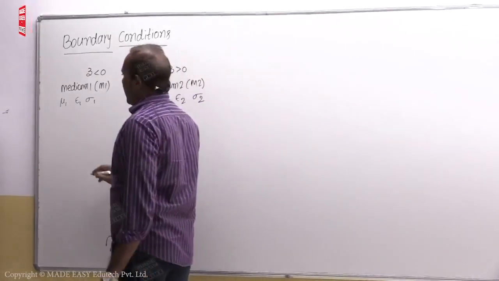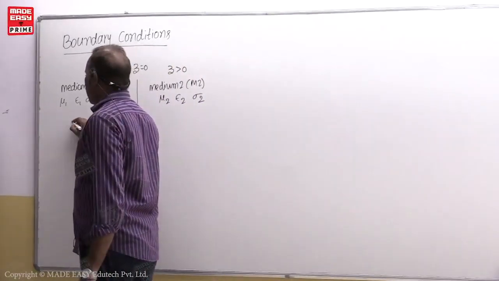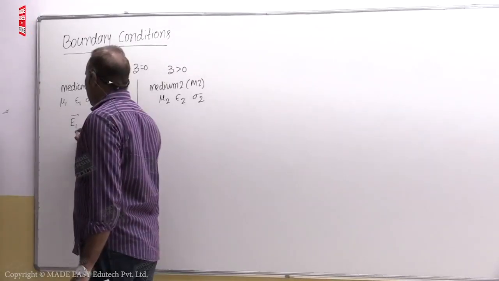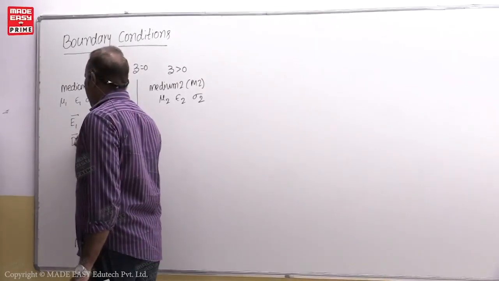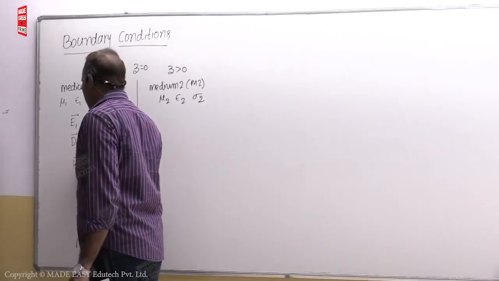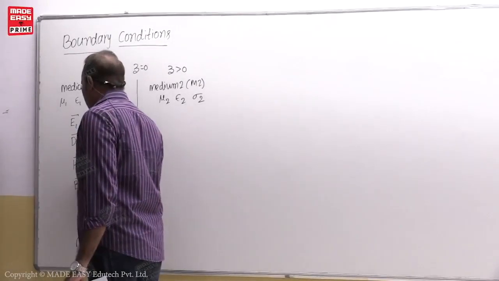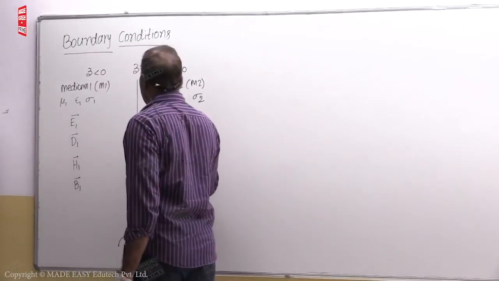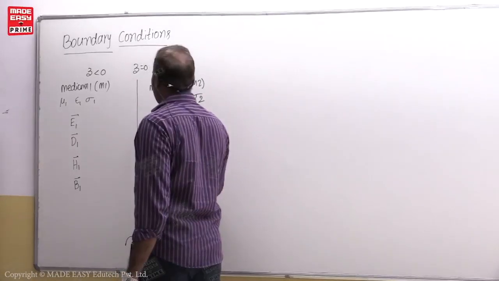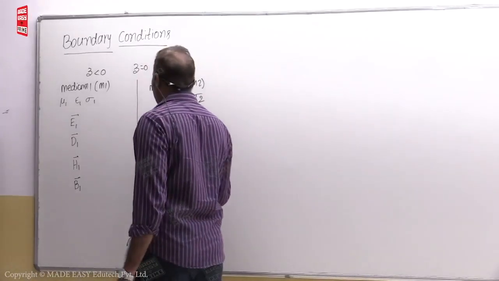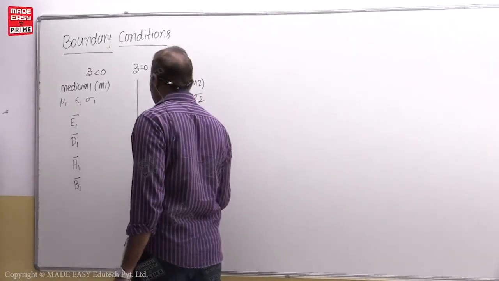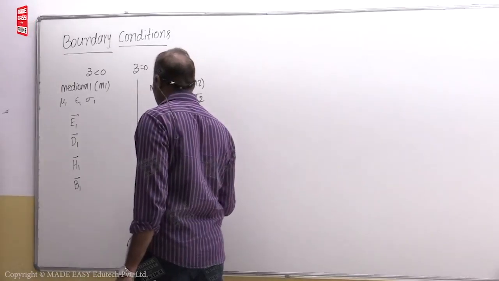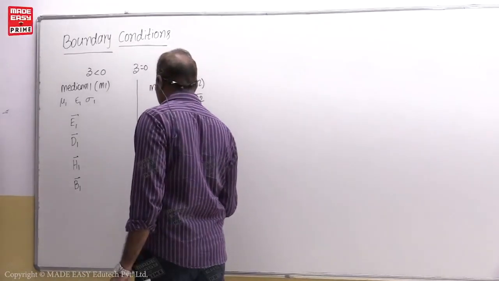Now here the fields are E1 bar, D1 bar, H1 bar, B1 bar. Similarly in the second medium the fields are E2 bar, D2 bar, H2 bar and B2 bar, like that.